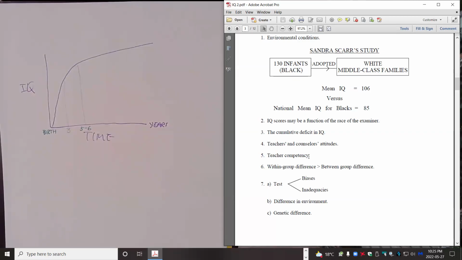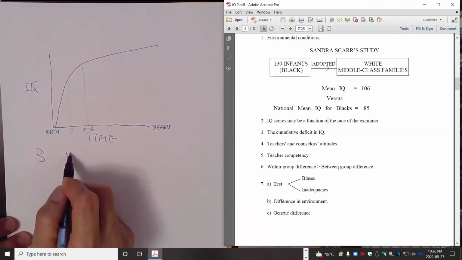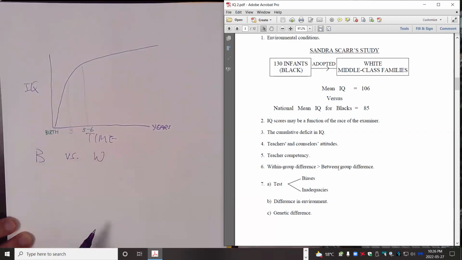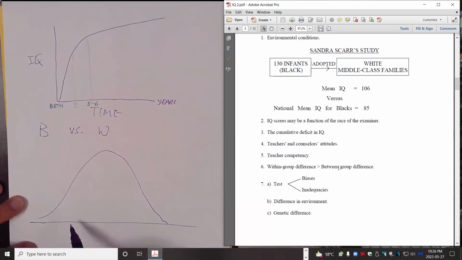All right. Within group differences are larger than between group differences. What is that? Okay. Let's say we have one, black versus white. I'm sorry, I have to use this here.